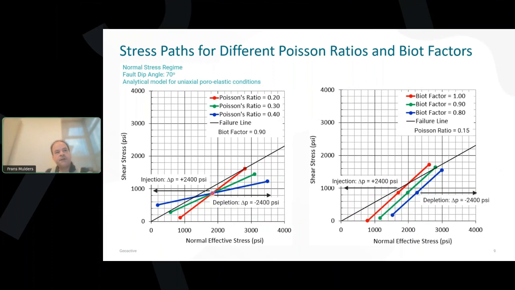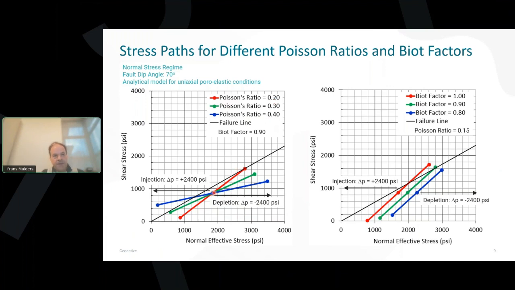If I deplete a reservoir and I have a certain Poisson ratio, 0.4, and I deplete my reservoir with a certain pore pressure change, I can move away from failure if I have a high Poisson ratio, but I can move towards or really at failure for a lower Poisson ratio.